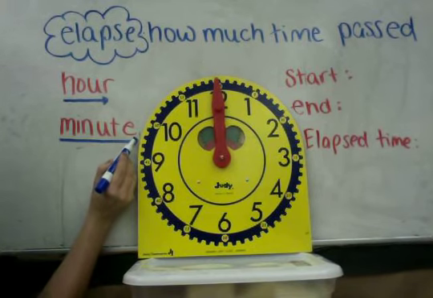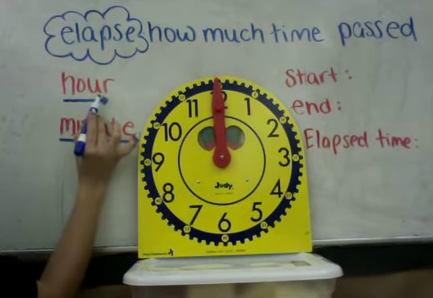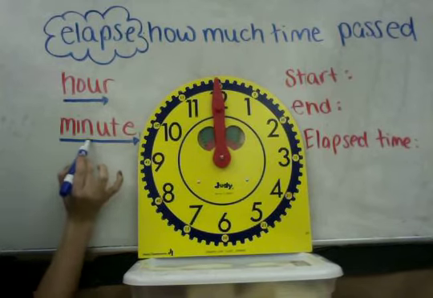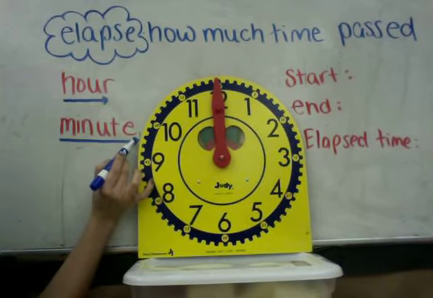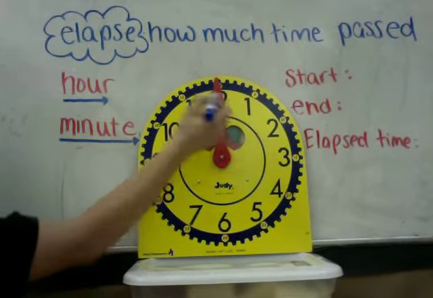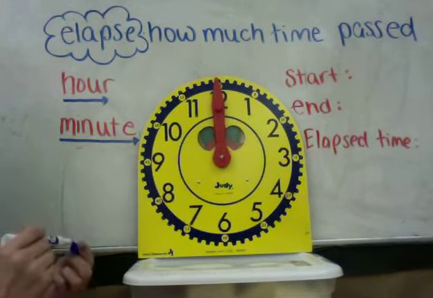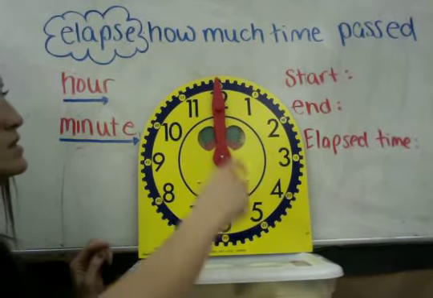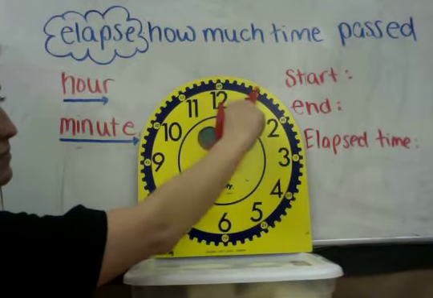So when you're thinking about telling time, always remember that we read the hour hand first, which is the short hand, and we read the minute hand second, which is the long hand. So we're going to be using this clock here to help us tell elapsed time.